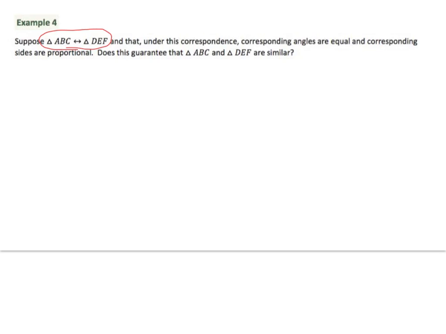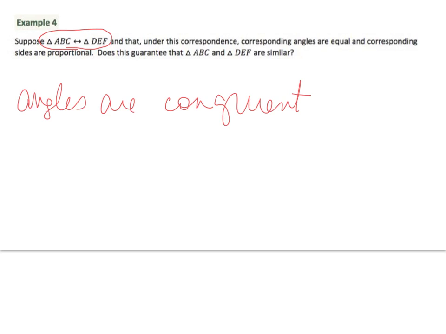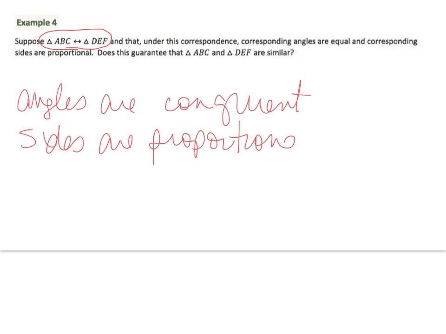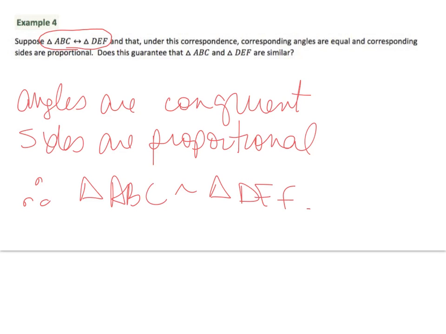What we said was angles are congruent or equal and sides are proportional. Therefore, the triangles are similar. That is our converse of the previous theorem.